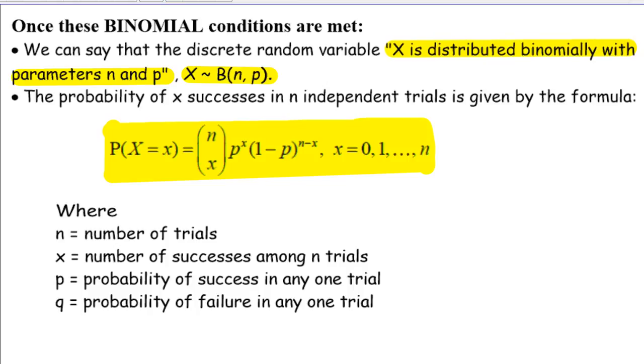Now, remember the relationship between p and q. p is just equal to the probability of success, but q is equal to 1 minus p. So just keep that in mind, because one is a complement of the other. So if the probability of success is, for example, 3/4, the probability of failure will be a quarter.